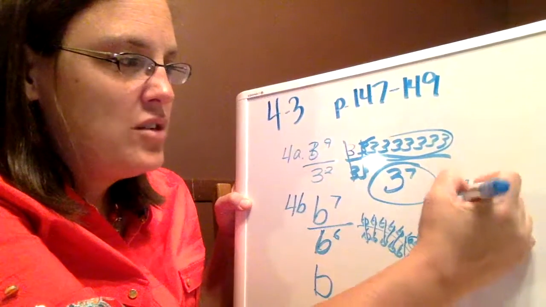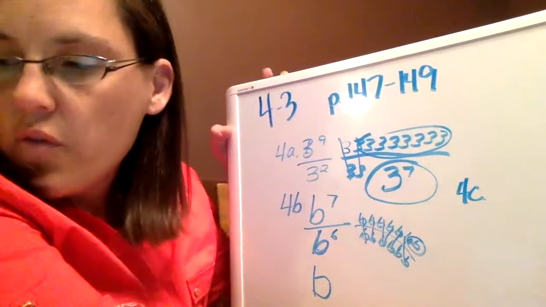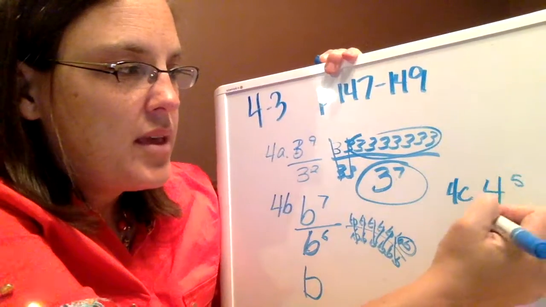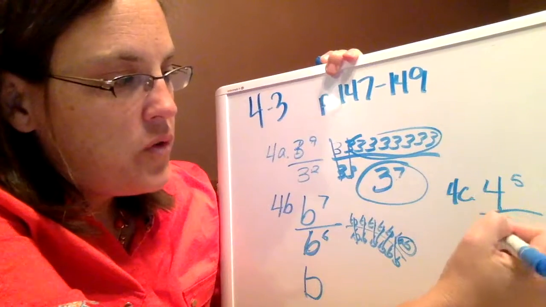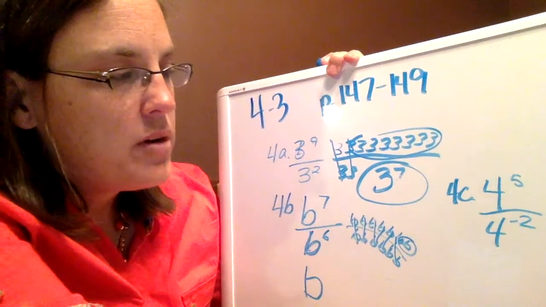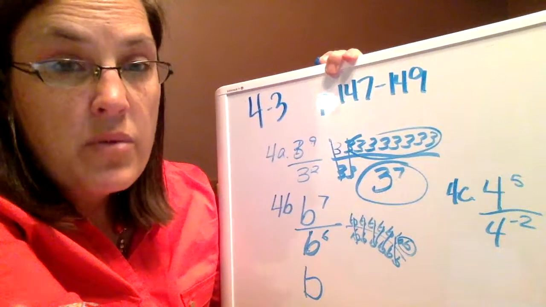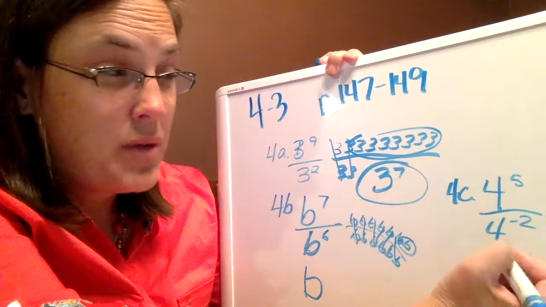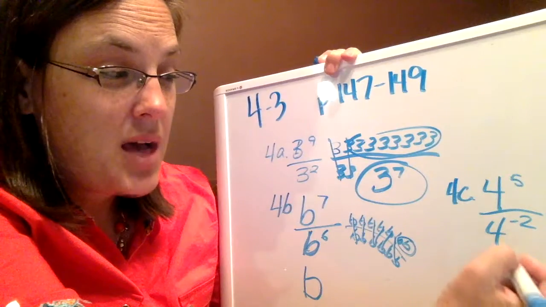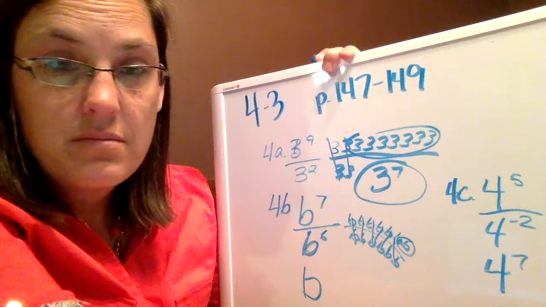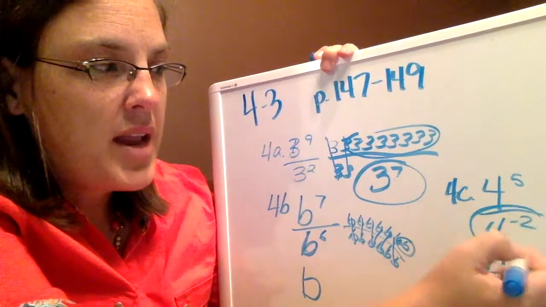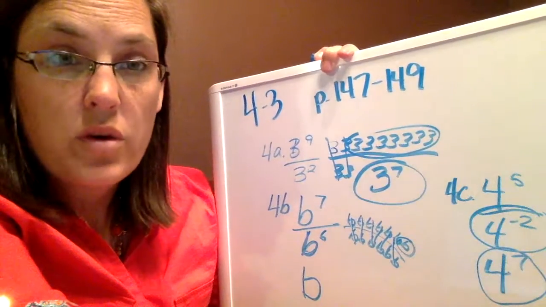4c is a little tricky, okay? So 4c gives us 4 to the 5th power, and it's over 4 to the negative 2 power. So if you want to remember the rule, 5 minus a negative 2 becomes a positive 7. That's the answer. But another way to think of it is, remember we talked about negative exponents in section 4.2.